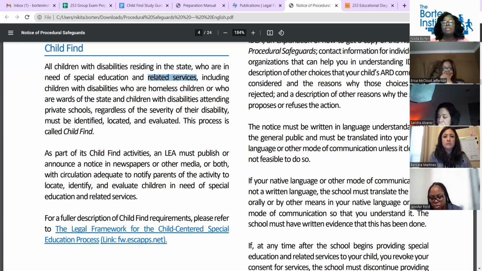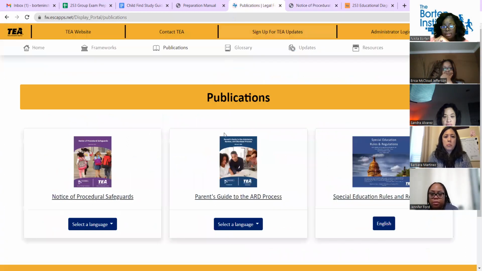Okay, so again, this procedural safeguard lifts special education law, wraps it into normal words so that normal people can understand it. But when you are testing and writing, you're using language found in this legal framework. This is the jargon that we write in and test in and work in.